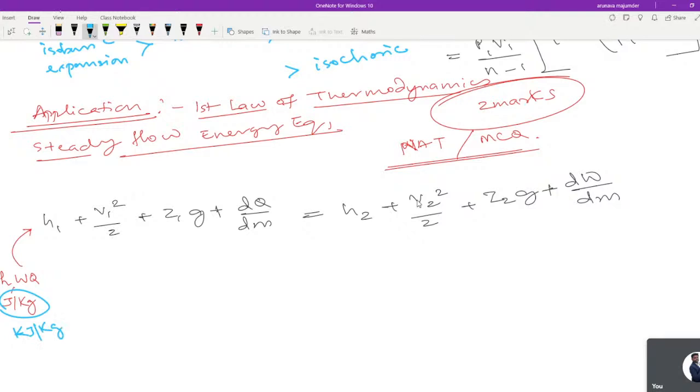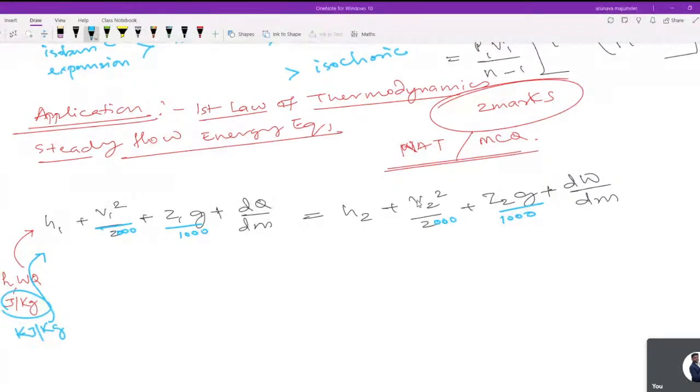Just divide this, change here into 1000. This is a simple change. If it is in kilojoule per kg, you have to be very much careful with the units, right? Repeatedly I'm telling you guys, you have to be very much careful with the units.